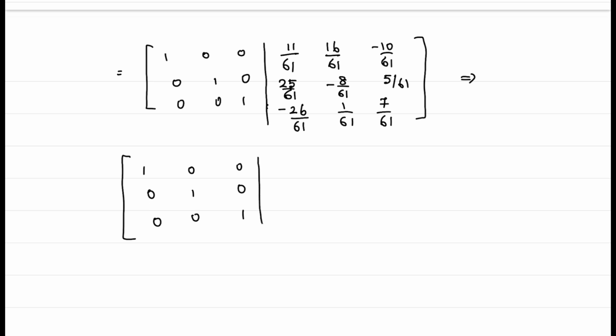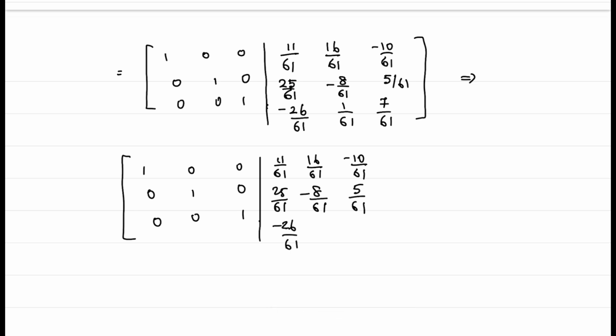You should not make any mistake in the arithmetics. 11 by 61, 16 by 61, minus 10 by 61, 25 by 61, minus 8 by 61, 5 by 61, minus 26 by 61.